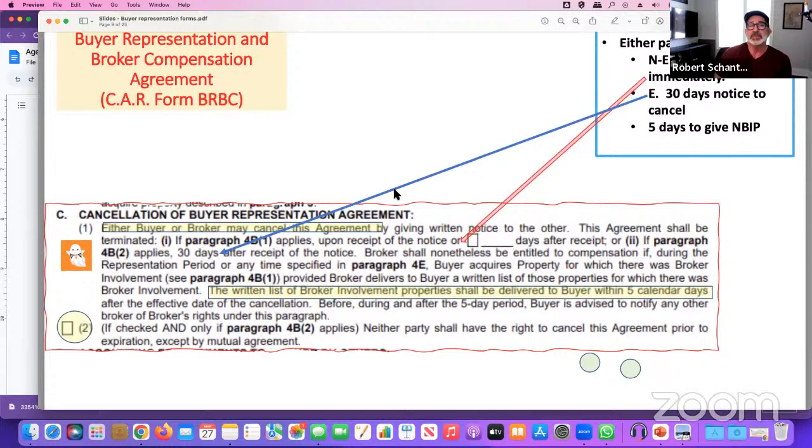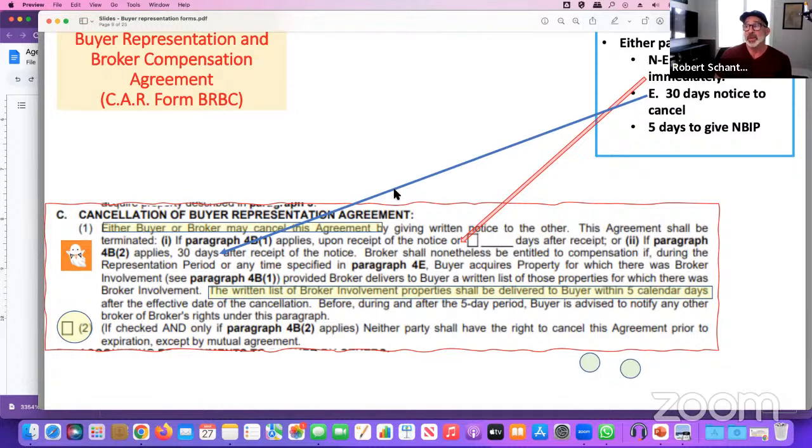Section 4C talks about how you cancel this buyer representation agreement. Again, this is to be very friendly. You see the little ghost over there. Who cancels it? Either the buyer or the broker may cancel this agreement. So if you're out there with a buyer that says, I don't want to work with you anymore, great, let's cancel the agreement.